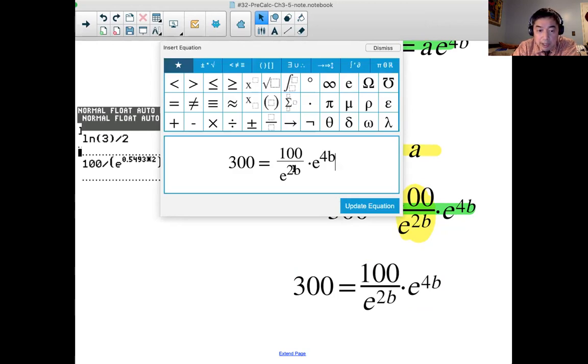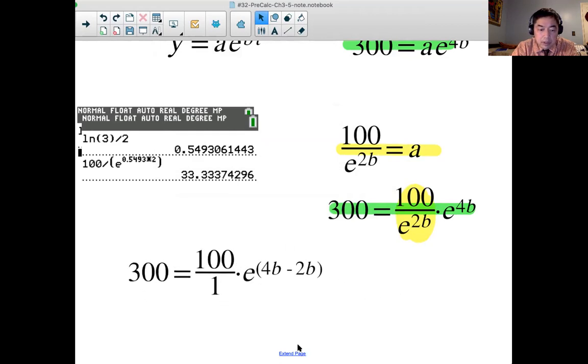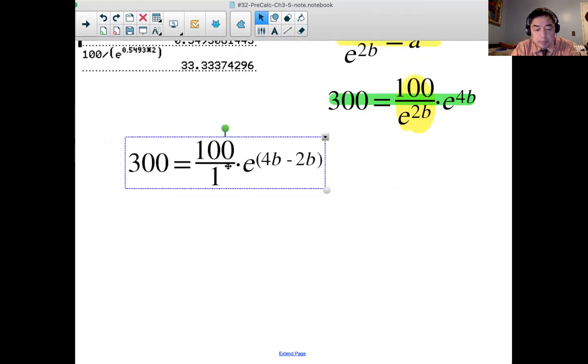This exponent minus this exponent, because of the division, carries the base of e. So this is going to be 4b minus 2b over 1. I put the parenthesis here: 4b minus 2b, which is 2b, isn't it?